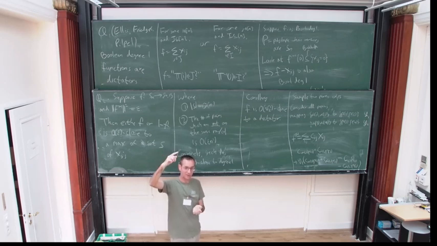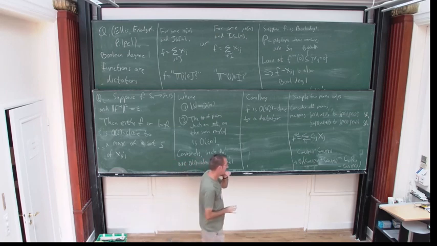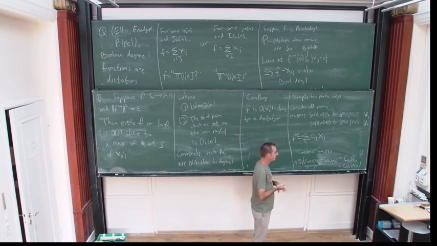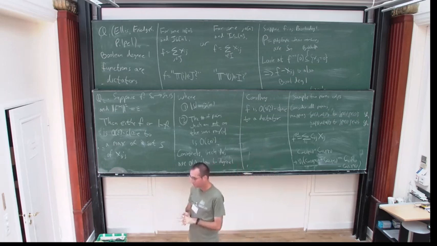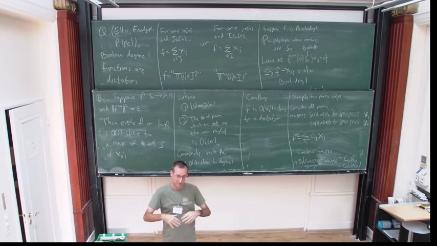For some of these domains, like the Boolean cube and the symmetric group, you can think of them as simplicial complexes. In the case of the symmetric group, for example, the facets of your simplicial complex are going to be the permutations in the following form: the set of pairs 1 pi of 1, 2 pi of 2, 3 pi of 3, and so on, up to n pi of n.